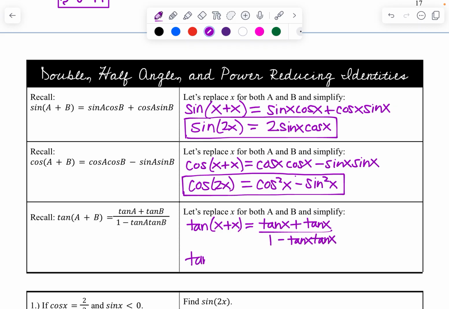If we simplify the left side, x plus x gives us 2x. On the right side, tangent of x plus tangent of x gives us 2 tangent of x. 1 minus tangent squared of x in the denominator. And so if we want to find the tangent of 2x, that's the formula we can use to do that.